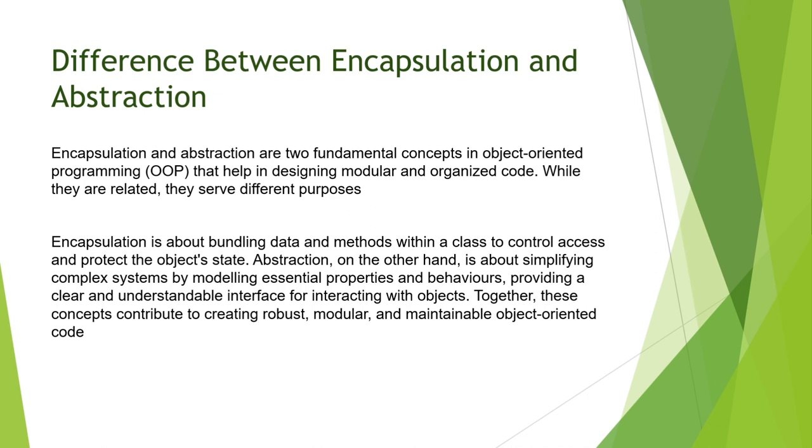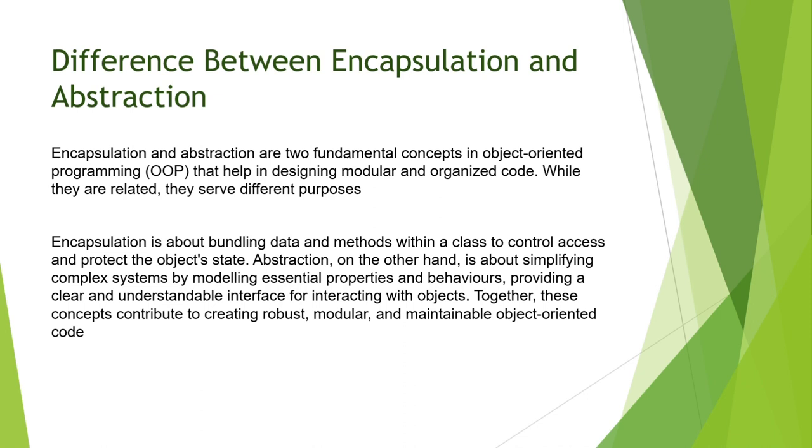So what could be the result? The plane could crash, right? Because you are not trained to do that. So in order to maintain the object state, we use encapsulation. We encapsulate data and methods within a class to control access and protect object state.